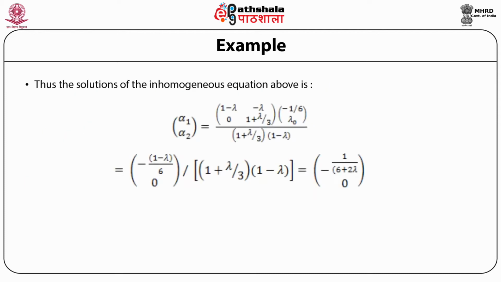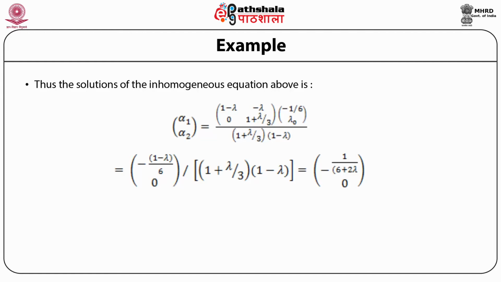Thus, the solution of the inhomogeneous equation above can be written in matrix form. The vector (alpha 1, alpha 2) is equal to the multiplication of a 2 by 2 matrix with diagonal entries 1 minus lambda and 1 plus lambda by 3, and off diagonal entries minus lambda and 0, multiplied by the column vector (minus 1 by 6, 0), divided by (1 plus lambda by 3) into (1 minus lambda).